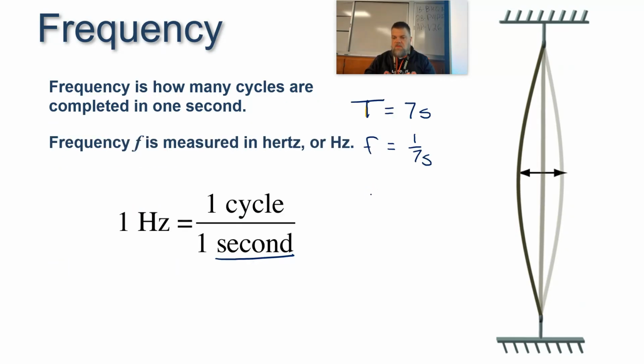So my frequency then would be 0.14 hertz, because that's how fast it would do 1 cycle.